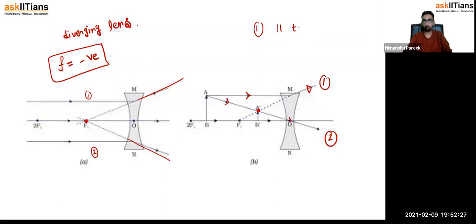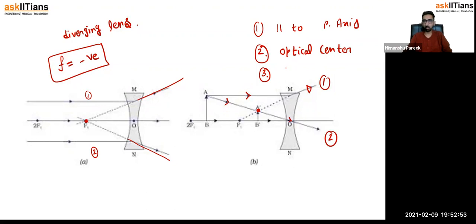Ray parallel to principal axis will pass through focus after the refraction. Second thumb rule is the ray which will pass through the optical center will go straight without any bending. And the third ray, though rarely we will need it, from the center of curvature if you need.